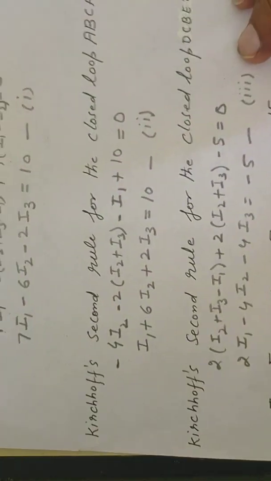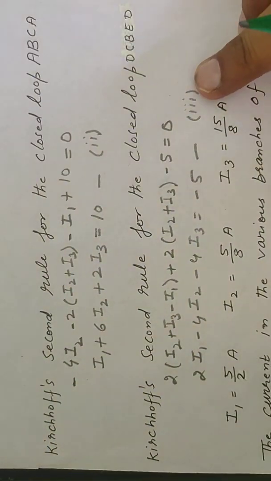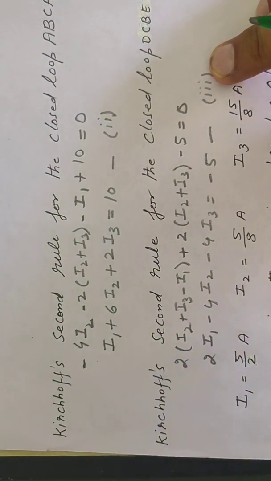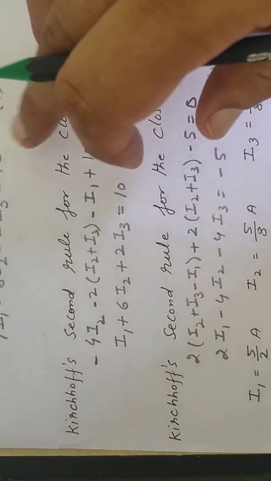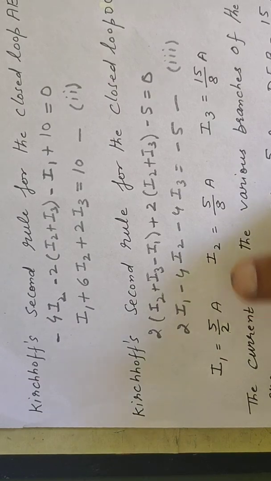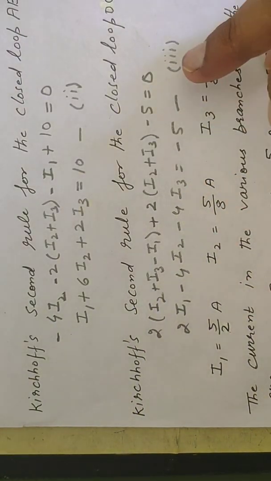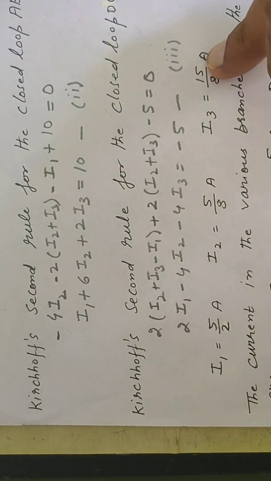So we have three variables and we have three equations. First equation, second equation, and here we get the third equation. Now solving these equations, we get I1 is 5 by 2 ampere, I2 is 5 by 8 ampere, I3 is 15 over 8 ampere.